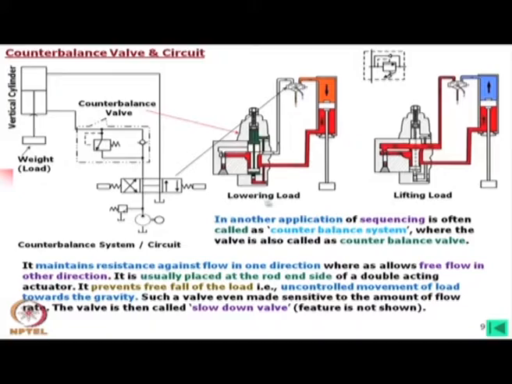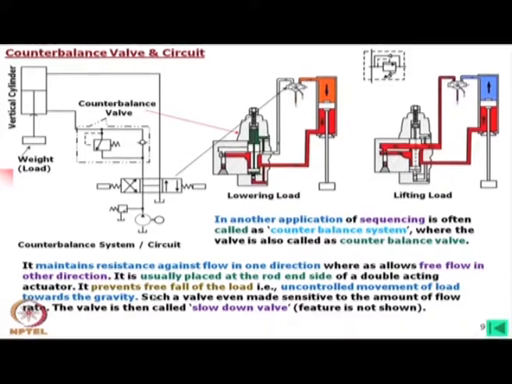The operating principle is the same, and here as well you can see that external draining and internal draining are shown. For external draining, we have to open this and close this path, and internal piloting and external piloting are also possible. So, this is basically a sequencing valve, but the application is different.